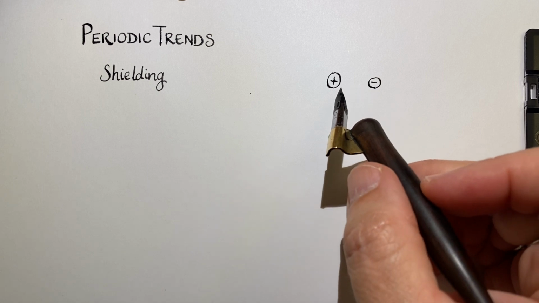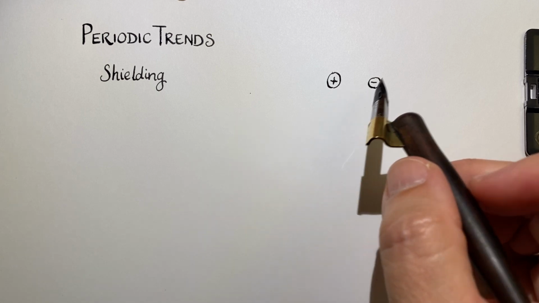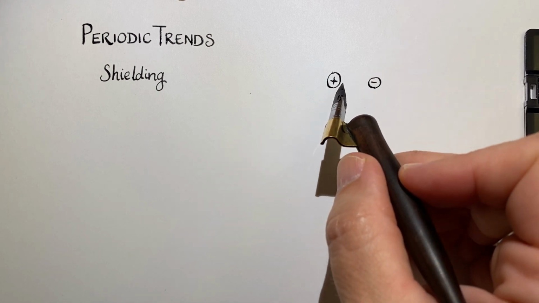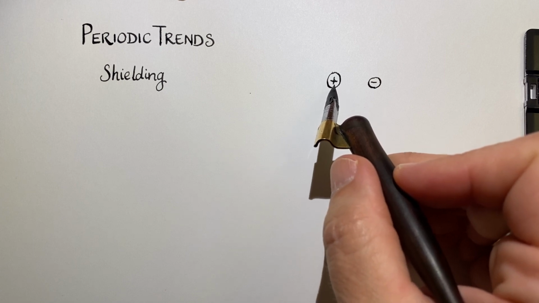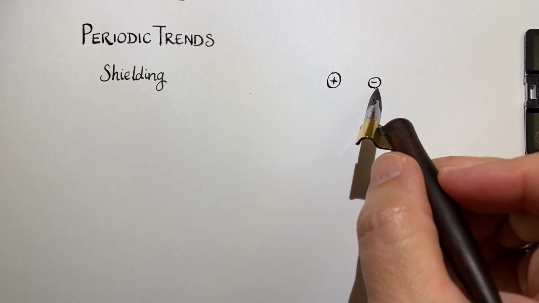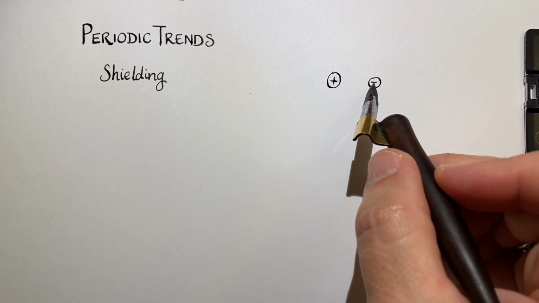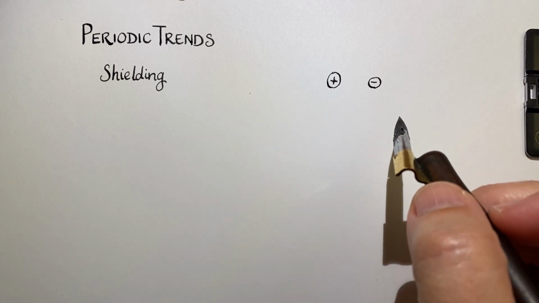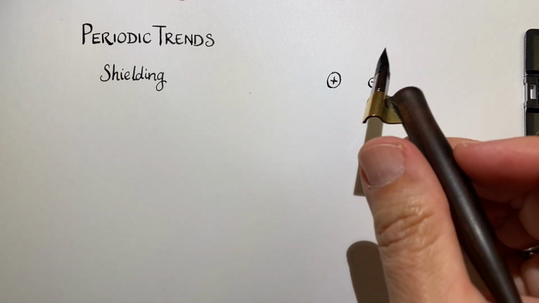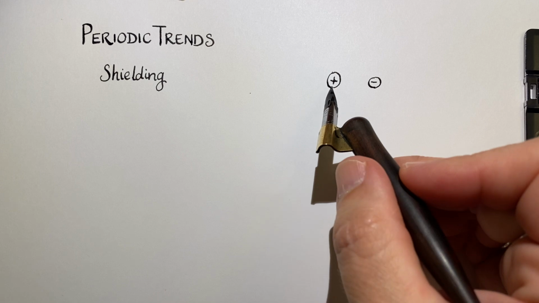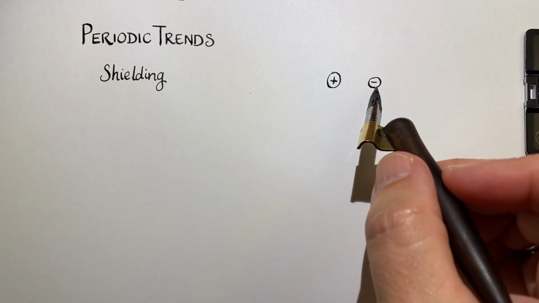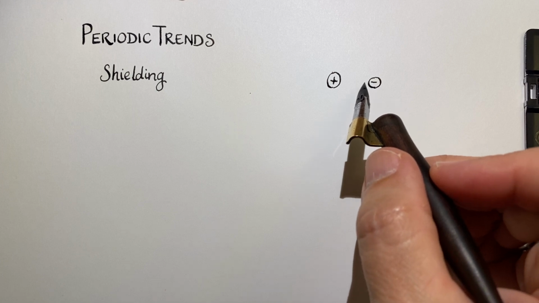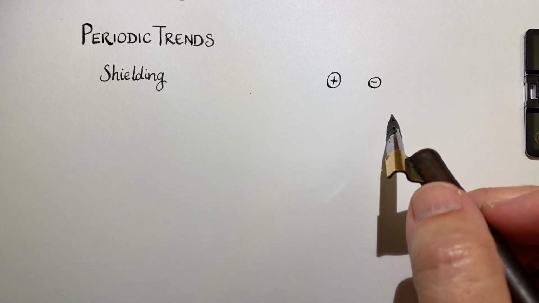And this attractive force is related to the magnitude of the charge, so how many protons you have in the nucleus, and the electron, and then how strongly it's attracted to it. So if there is a larger positive charge in the nucleus that the electron detects, there will be a stronger attraction.